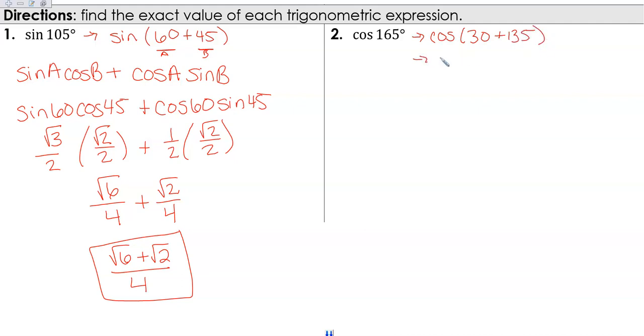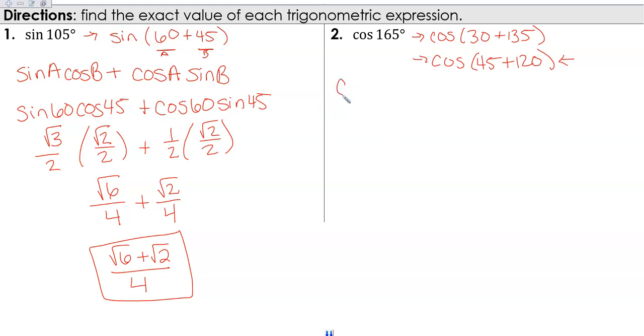I could do that this is the cosine of 45 plus 120. Okay, both of those are completely fine, and there's probably more out there that I'm not thinking of, but it's okay. So there are multiples. You should end up in the same spot no matter which way you go. All right? So I'm actually going to use this one. That's just because it's what I had on my paper.